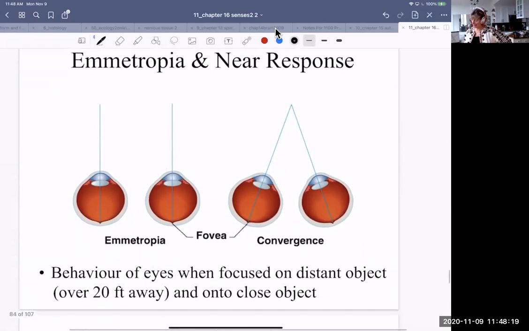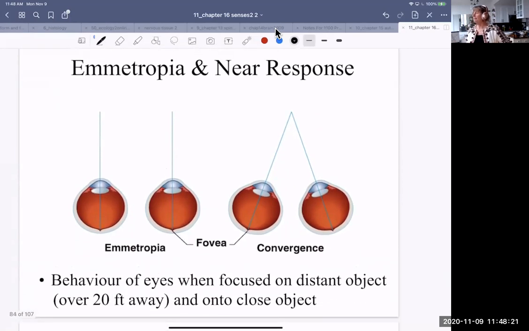And that's very important for being able to resolve images or getting fine detail, because that will only happen if light is focused on the retina, because that's where all your receptors are. They're all on the retina. So it's no good if the light is behind or in front of the retina. That's not helpful. So various things happen to the eye.